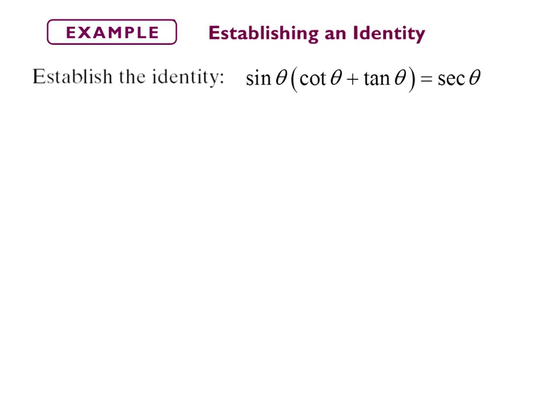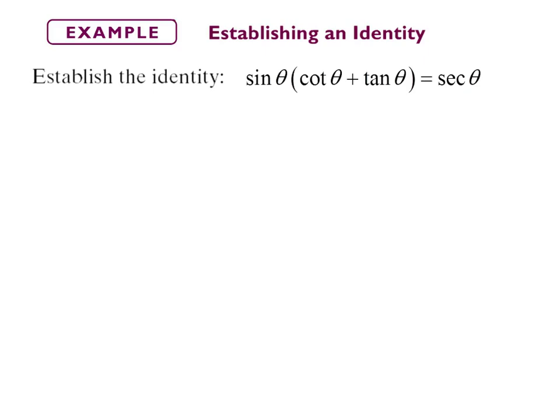Let's just get through some of these on our own first, and then I'll show you what ALEKS wants. So the first thing we're going to do, whenever we have these identities, the best place to start is always turning everything into sines and cosines. It's not always the only way, but I would say 90% of the time it's the best way.